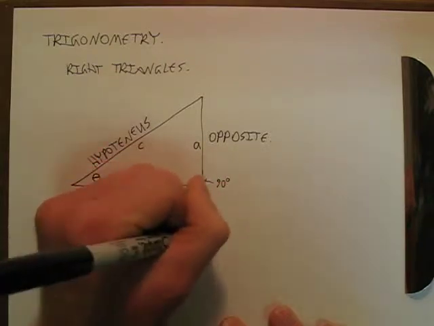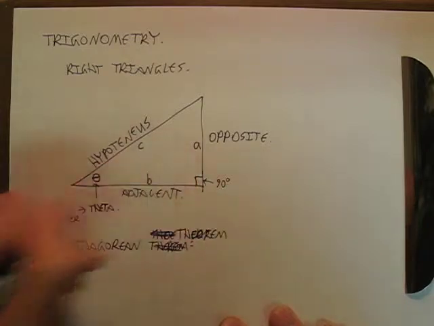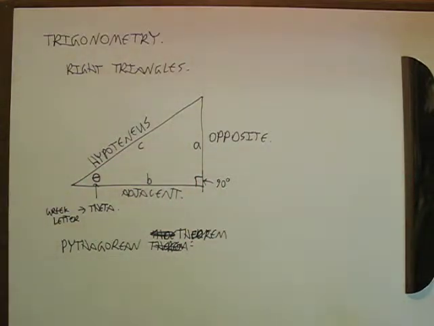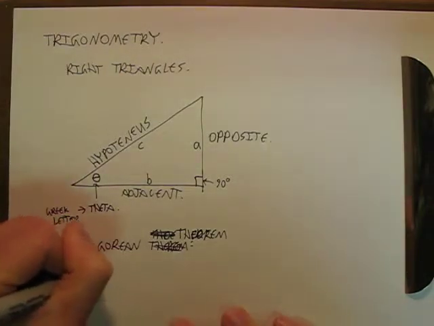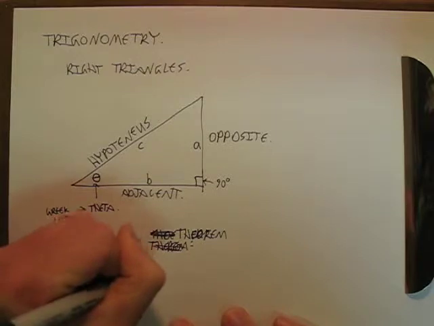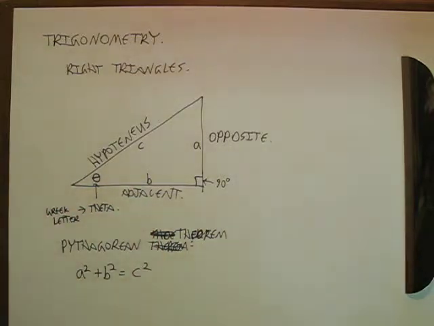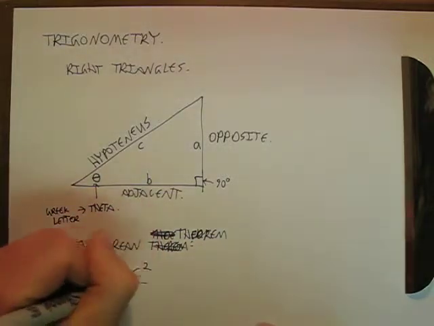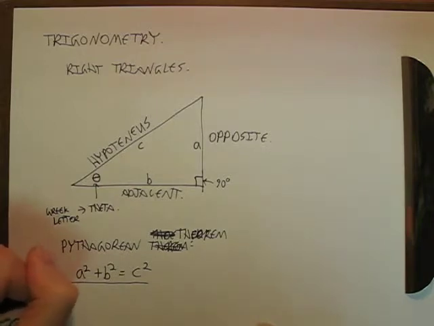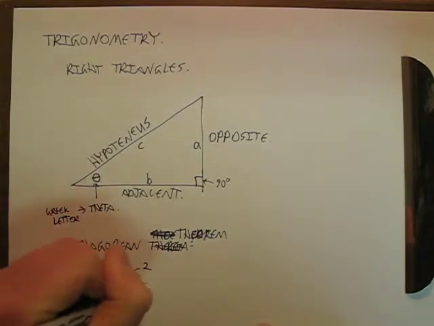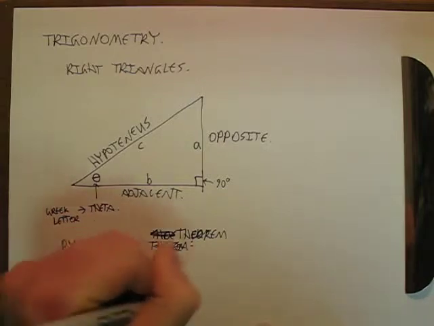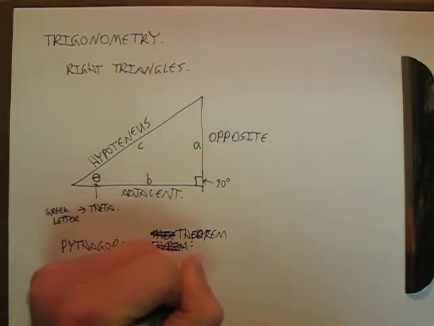It is a squared plus b squared equals c squared. A squared plus b squared equals c squared, very important. True for right triangles.